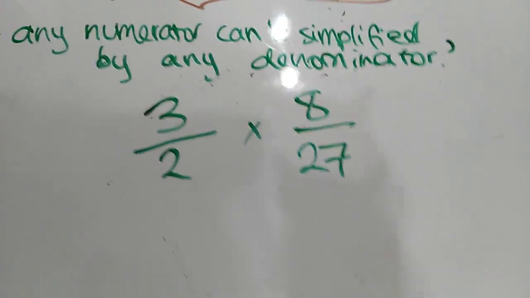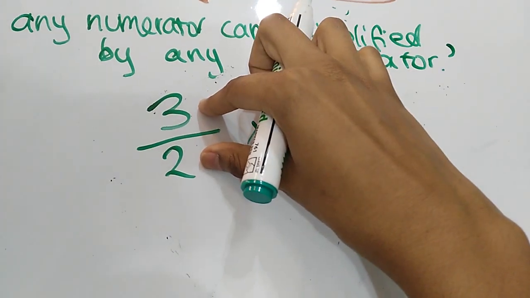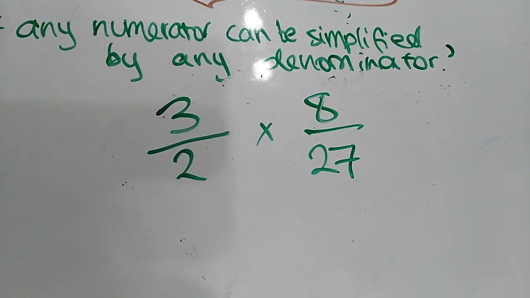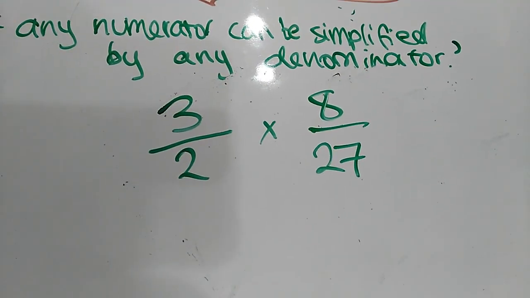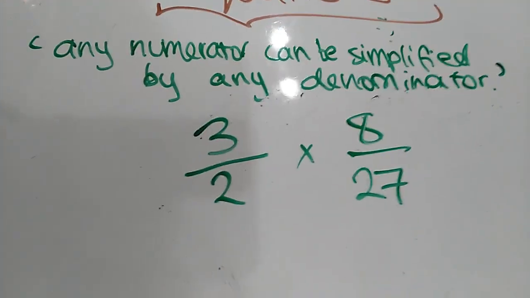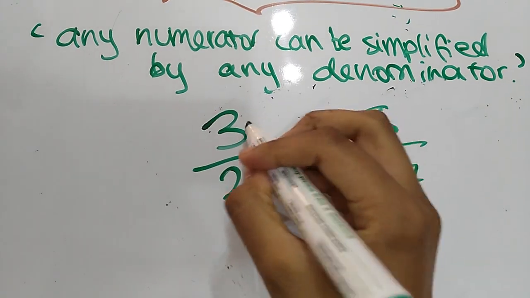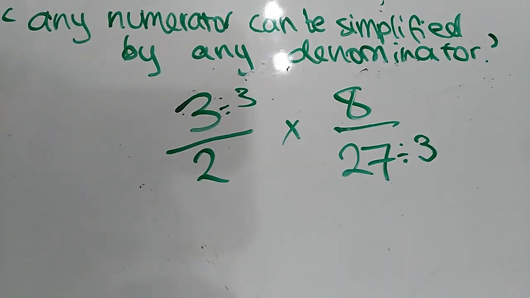In this example, I can't simplify this fraction using parallels because 3 and 2 do not have any common factors. I can't do it for 8/27 either. So now I would look for diagonals. So 3 and 27. Yes, both 3 and 27 are multiples of 3, so I can divide through by 3. What about 2 and 8?